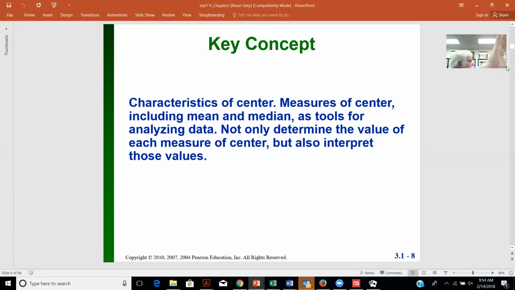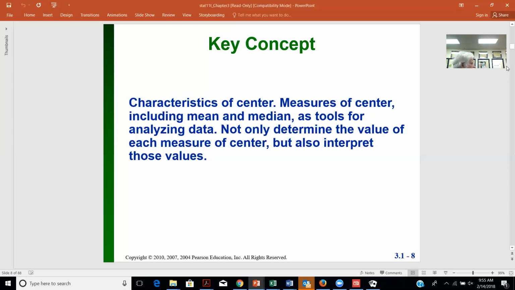Now, you can have extremes on either end, low extremes and high extremes, and data sets can be skewed in either direction. If they are equally skewed in both directions, we consider it a normal distribution, and we don't have to worry about the difference between the mean and the median.